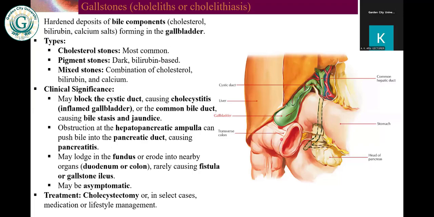And that one can lead to an abnormal connection forming. And if it's that massive, then of course it can lead to obstruction. Okay. So we are looking at gallstones and where if it lodges, the complications that can result from that.